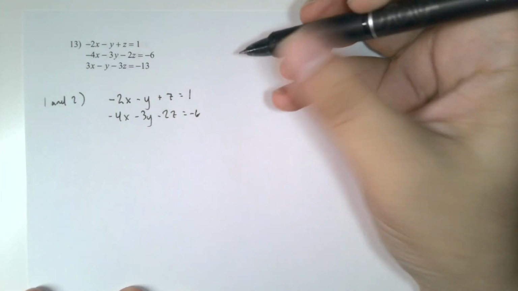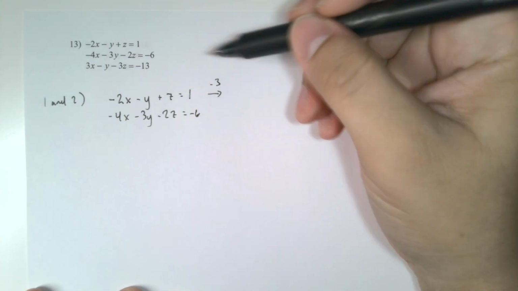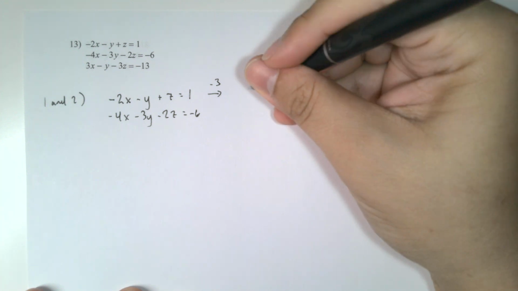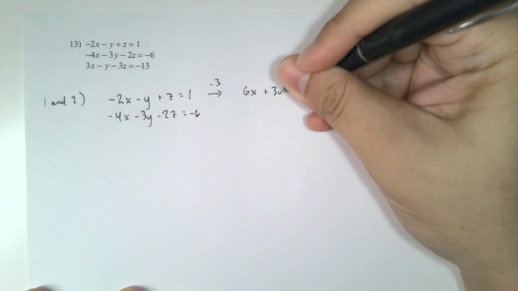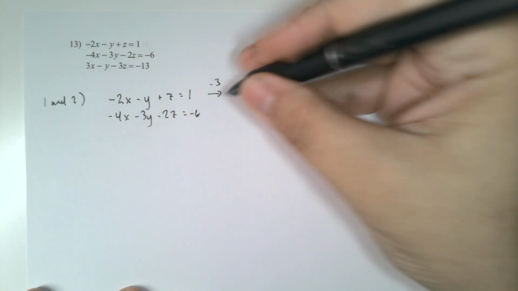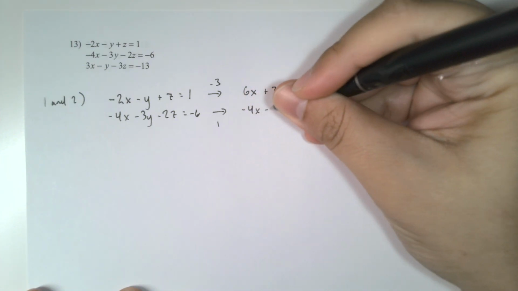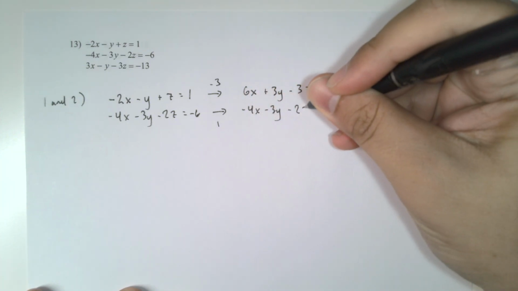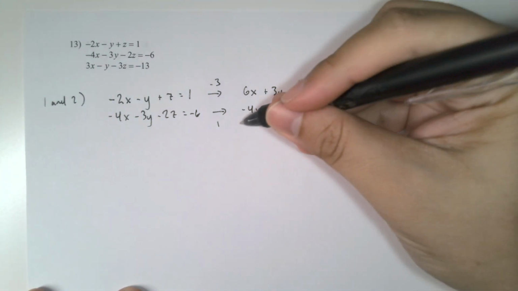And we want to eliminate y, so we're going to multiply this one by -3 to make -1 times -3 to make a +3. So we'll have 6x plus 3y minus 3z is equal to -3. And keeping the bottom one the same, we have -4x minus 3y minus 2z is equal to -6.